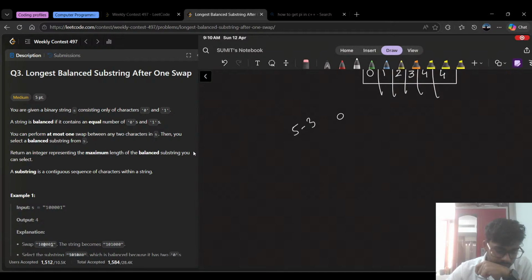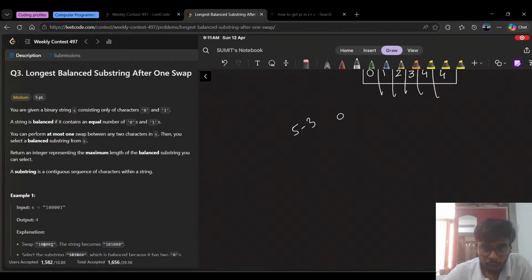I equal 0, less than k. It will be k. If j minus I plus 1 modulo 2 not equals to 0, I need to continue.